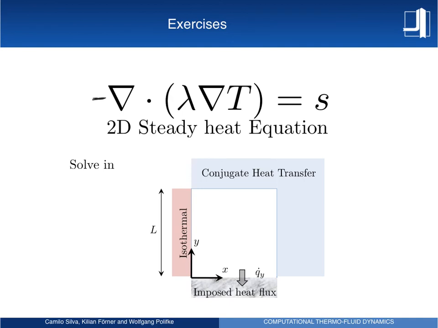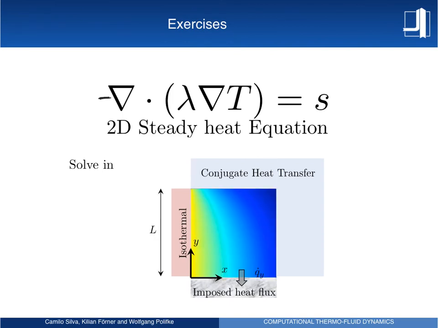And the idea is that at the end you will obtain something like this, this distribution. You can think of this as an example of a fin. You have a temperature here that you want to dissipate, the corresponding heat flows in this direction outwards, and you will obtain the corresponding distribution of temperature.